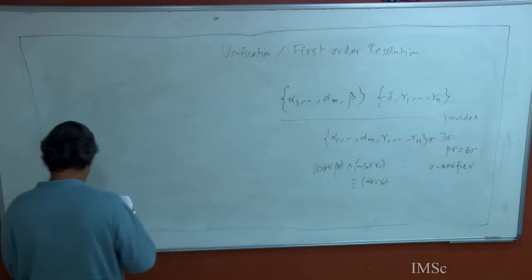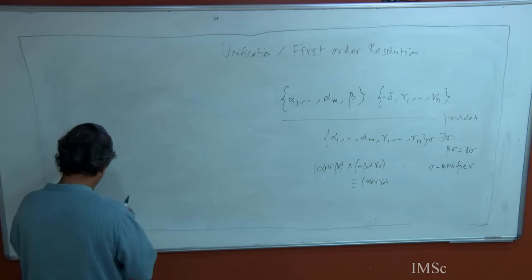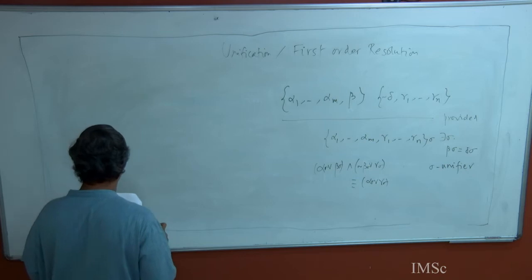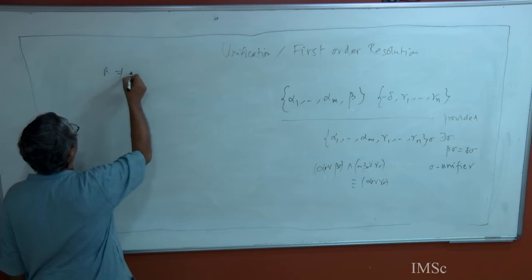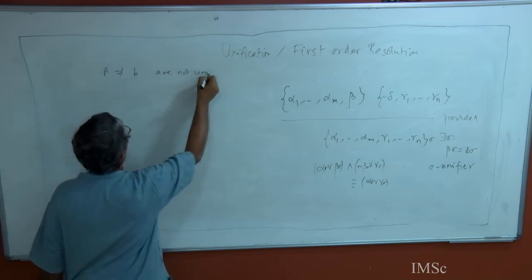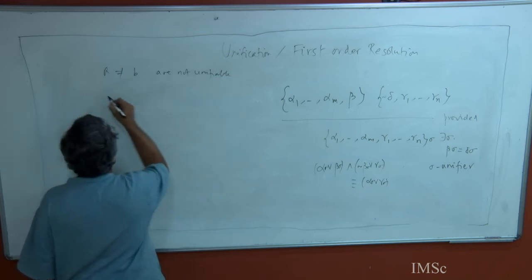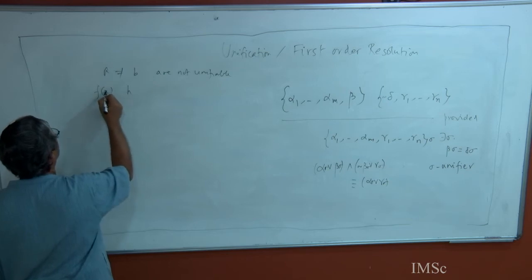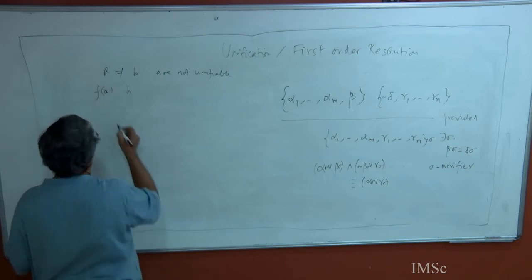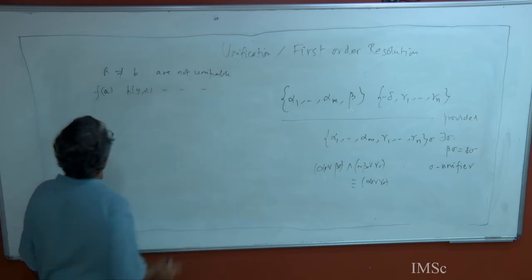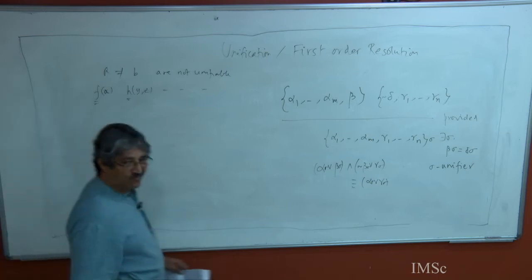In general, if you have two constants a and b, they are not unifiable. If you have f of x and let us say f of a, or even f of x and h of y z, they are again not unifiable because these two function symbols are different.